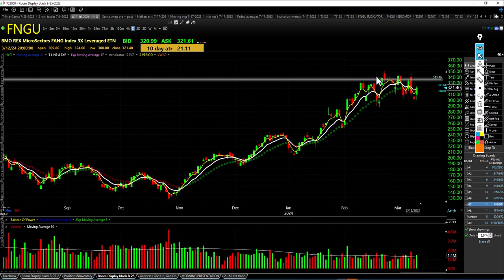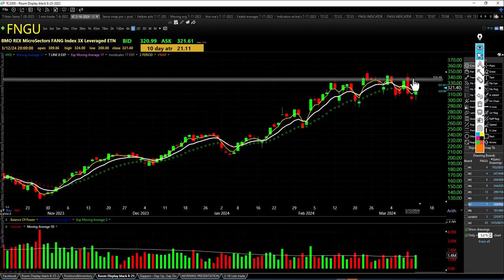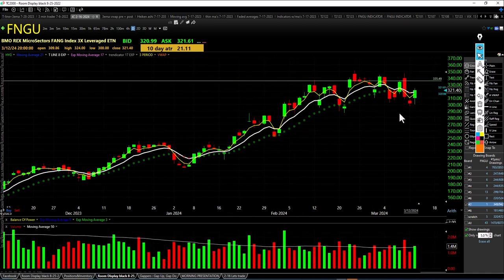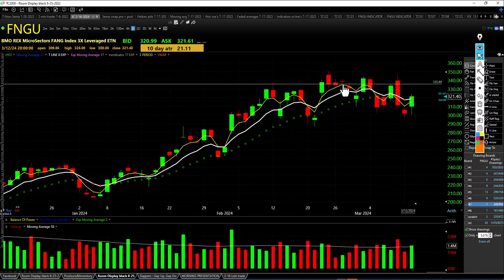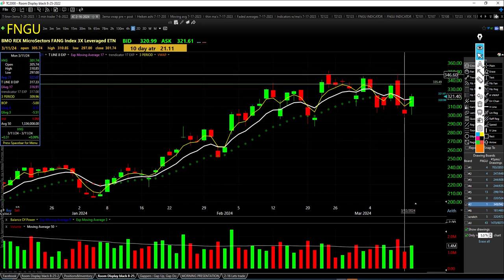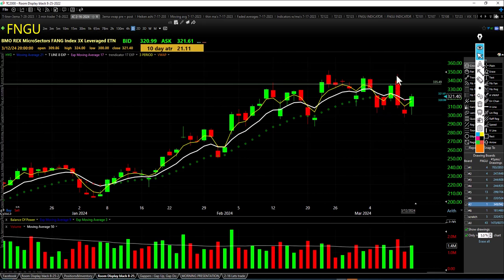Okay, so you can see the power of watching the FNGU. Now you can see we're getting kind of whippy up here. So this could be signaling a top. If you take a look at FNGU, we had a downtrend because we made a lower high, and then we made a lower low right here. All right, but then we came back a couple days ago and took out this lower high right here, and we made a higher high, so that put us in an uptrend.